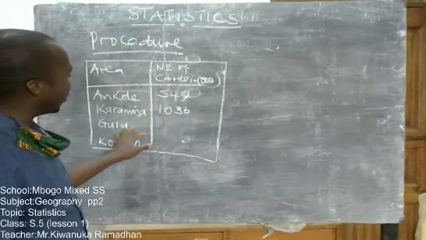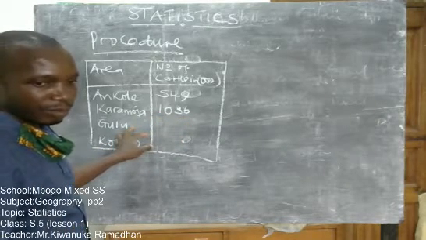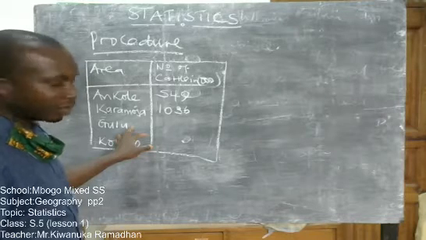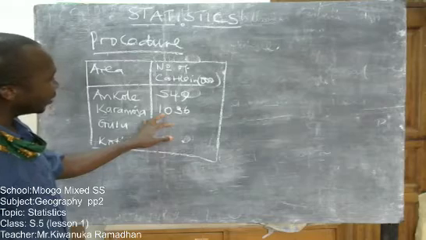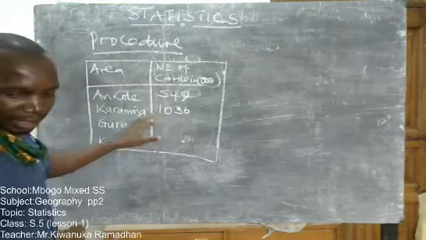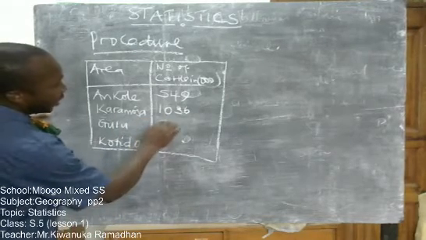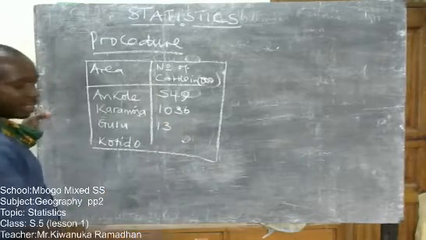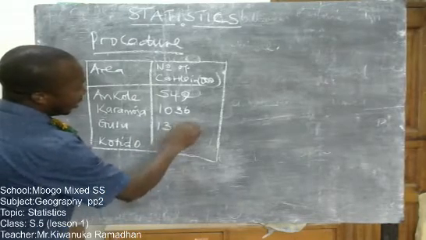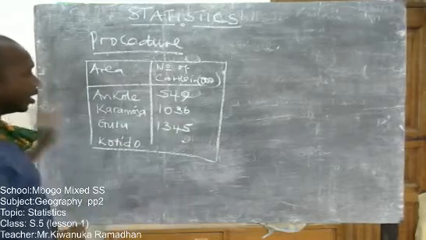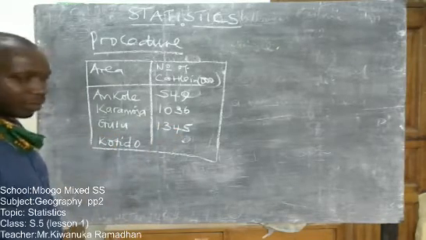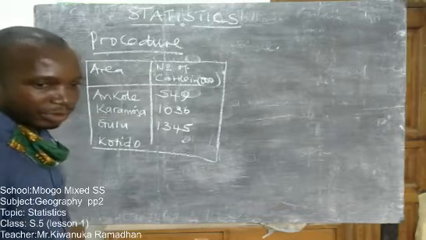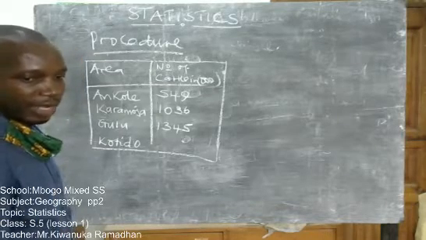1036, when you add on the value of Gulu, remember has 309, so we are adding the 309 to 1036, then we are getting 1345. Then we are adding Kotido. Kotido in the original table has 201.